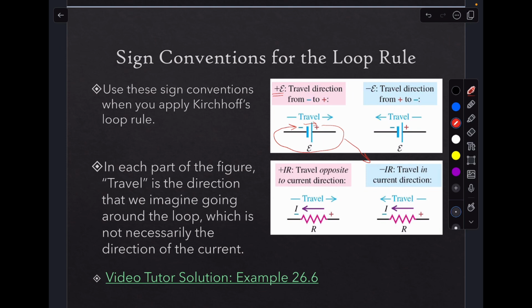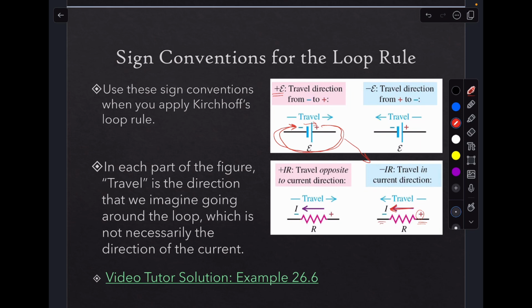And the counterpoint to that is this right here. If you are traveling in this direction, you will most likely be traveling from plus to minus. That means you're crossing the resistor leaving the positive terminal, going to the negative terminal. This is the side of the resistor connected to the positive terminal of the battery, and this is the negative side connected to the negative side of the battery.